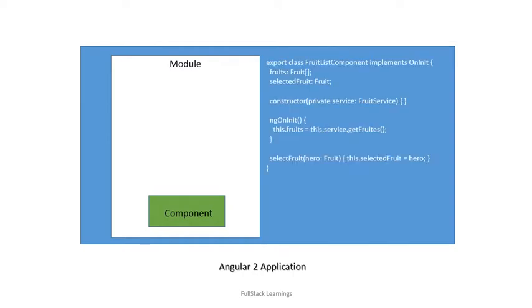For instance, let's say we have a fruit list component that has a fruits property that returns an array of fruits that it acquires from a service. The fruit list component also has a selectFruit method that sets a selected fruit property when the user clicks to choose a fruit from that list.